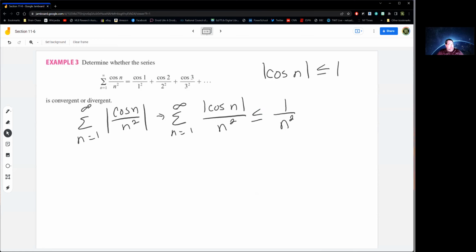Does that make sense? So now we're going back to those comparison tests that we did. Remember the comparison test says, this right here is a p-series where p equals 2, which is greater than 1. So this side is convergent.